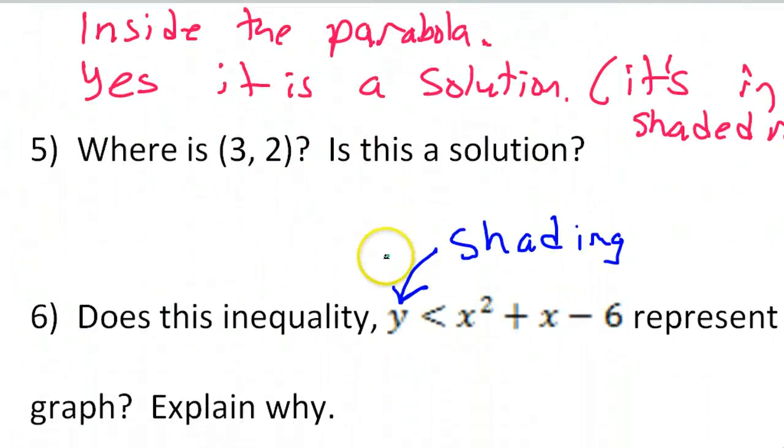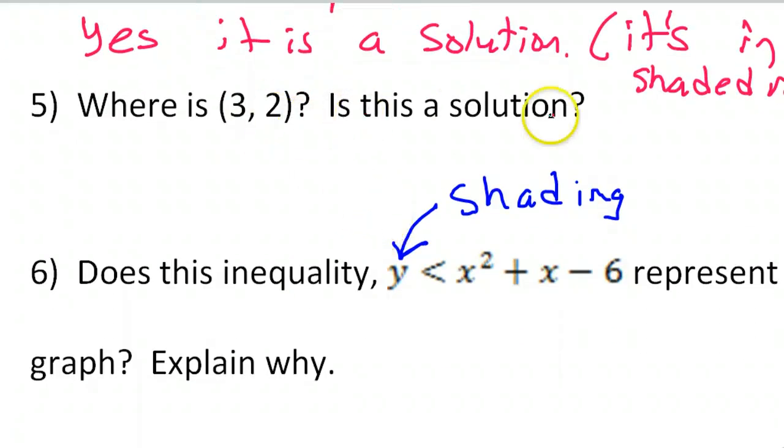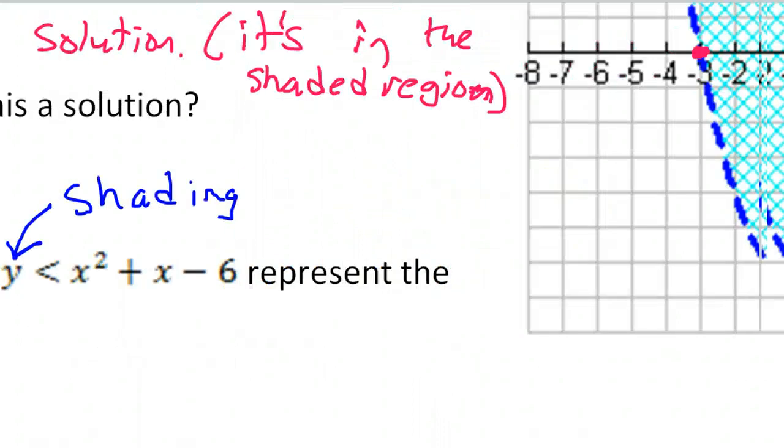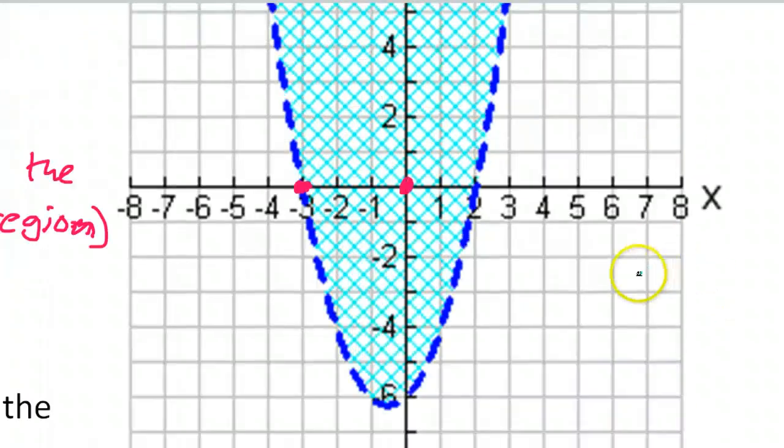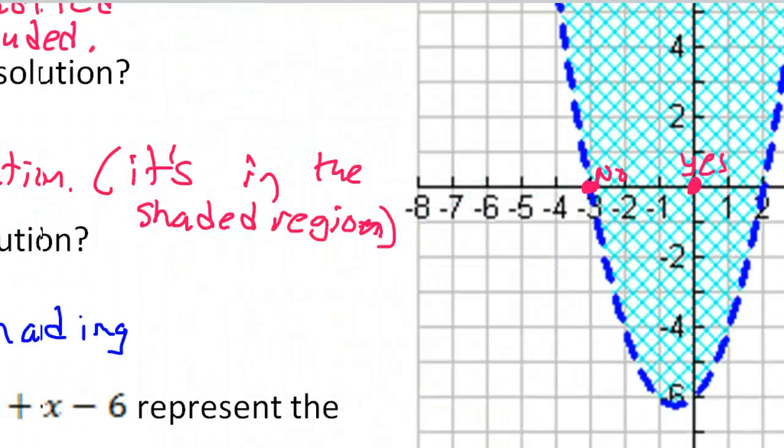Number 5, where is 3 comma 2? Is this a solution? Maybe I'll put, so this was a no, and this is a yes. 3 comma 2. This is a no for sure. It is clearly outside of the shaded area. It's outside of the solution region.